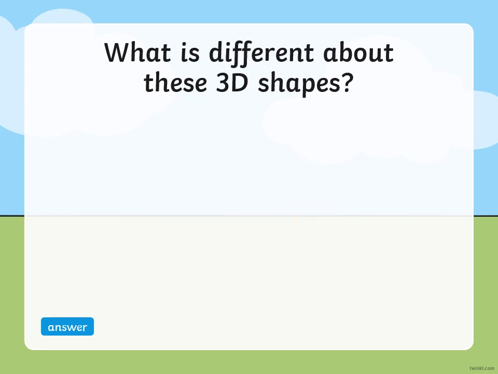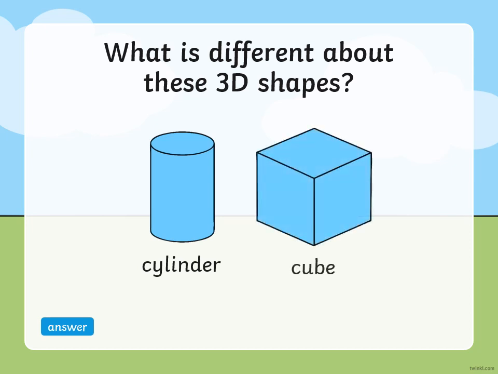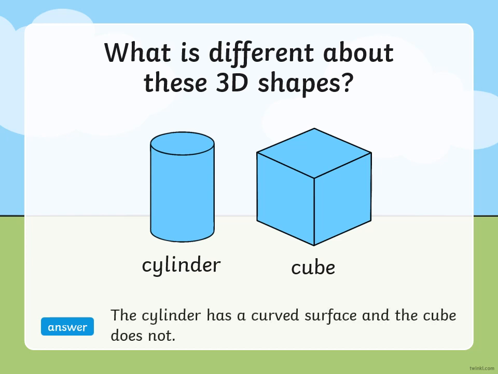Let's take a look at what might be different about these 3D shapes. Cylinder and a cube. Okay, we're looking at the differences this time. So what things are not the same? Okay, the cylinder has a curved surface and the cube does not. Can you see any other differences?